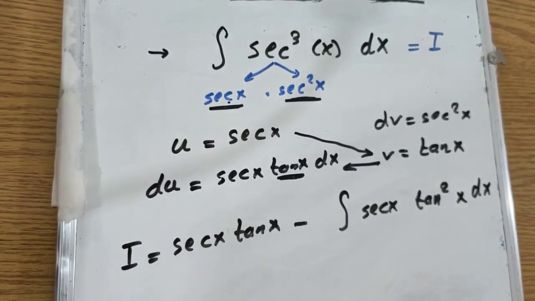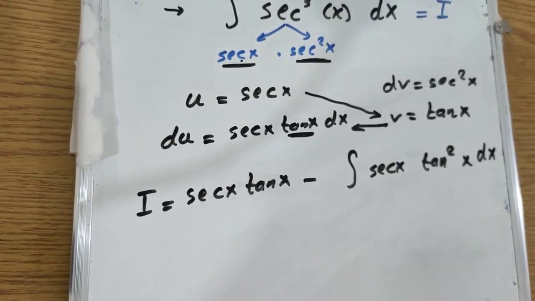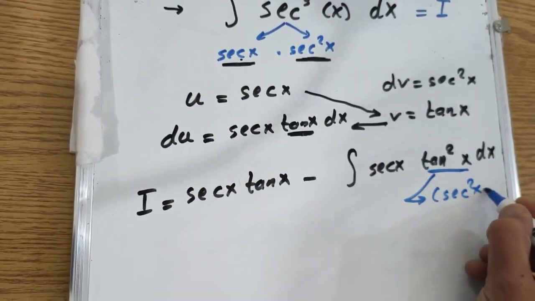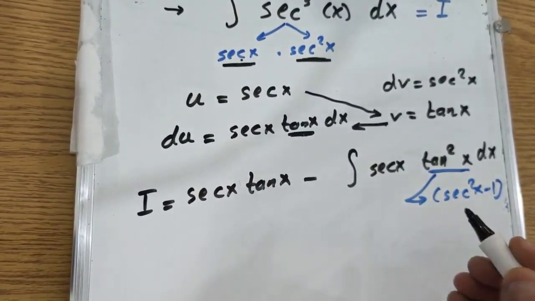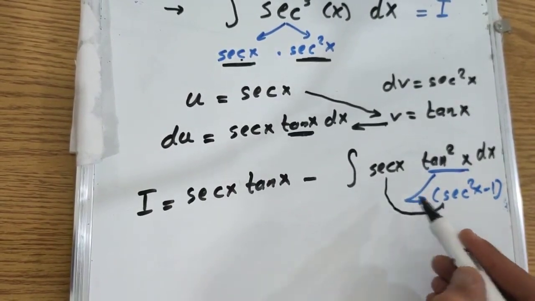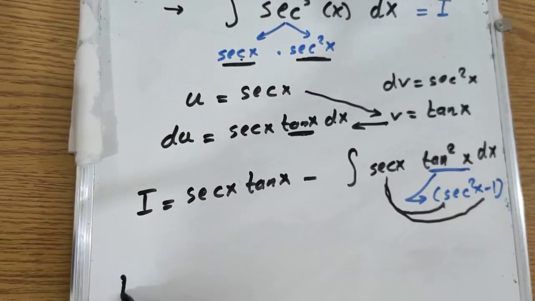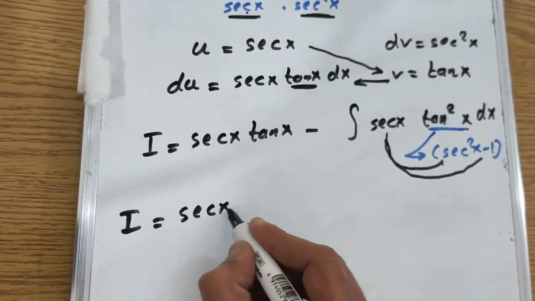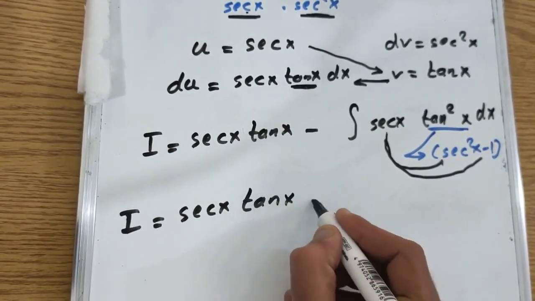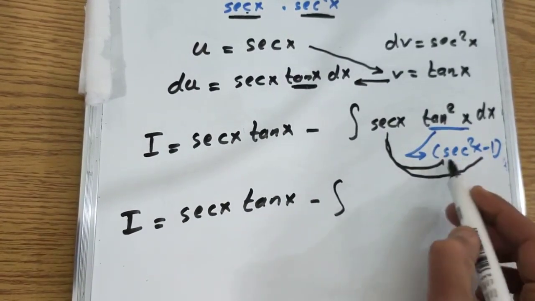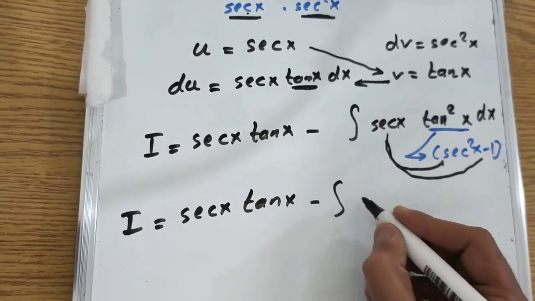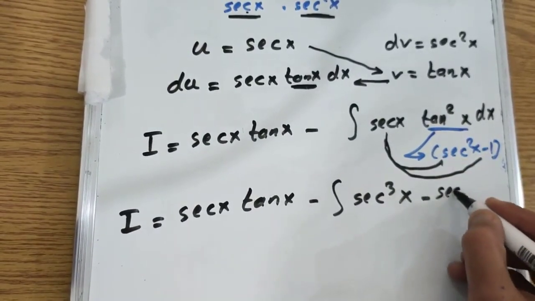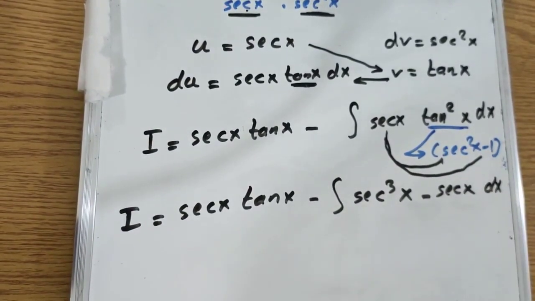And from the identities of the trigonometric functions, tan squared is equal to sec squared minus 1. If we expand sec inside the bracket, we will have that our integration I is equal to sec x tan x minus integration of sec times sec squared, which is sec cube, minus sec times 1, which is sec x dx.